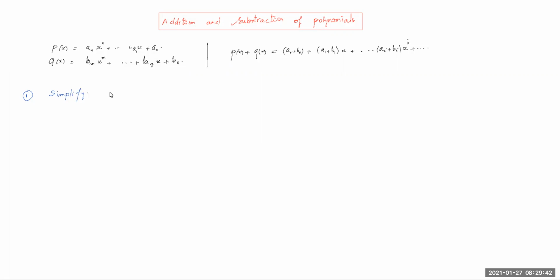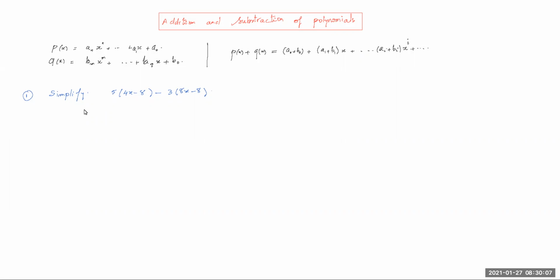You have 5 times (4x minus 8) minus 3 times (8x minus 8). So here I see that I have a polynomial minus a polynomial. This polynomial is degree 1, the second is degree 1. So I will proceed as described here.